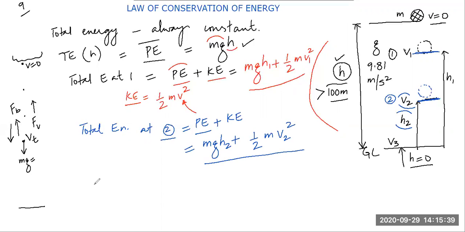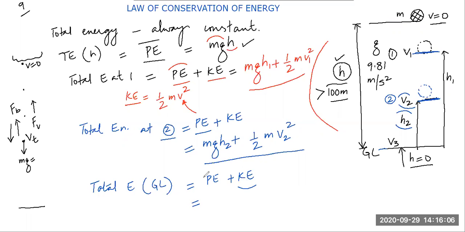Okay, students, now anyone can tell me what is the total energy of the ball at the ground level? This is ground level. Here I assume h is 0. So again, you can say that the total energy is potential energy plus kinetic energy. So the energy here will only be kinetic energy.